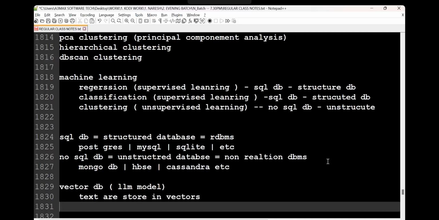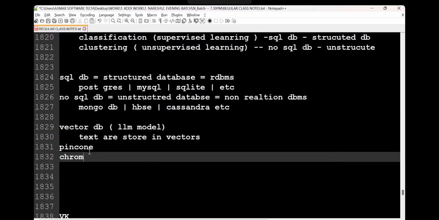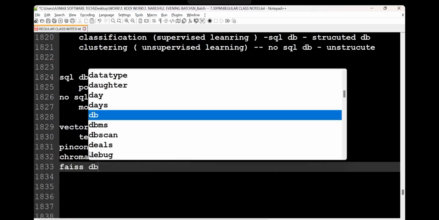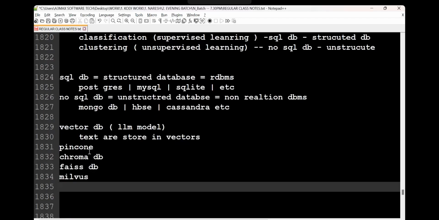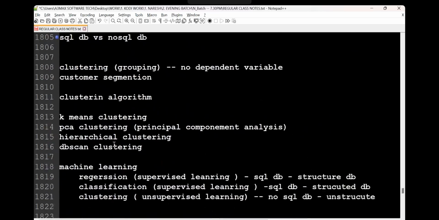A few database names, again, this is unstructured: Pinecone, ChromaDB, FAISS DB, MilvusDB, and then Qdrant. So this is our latest one. We will work with RAG and all those things in future classes.